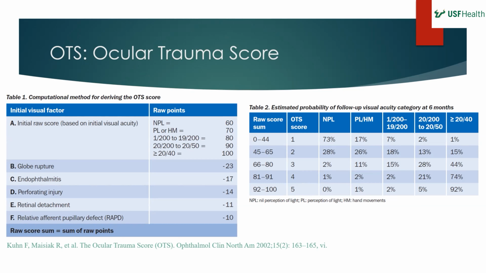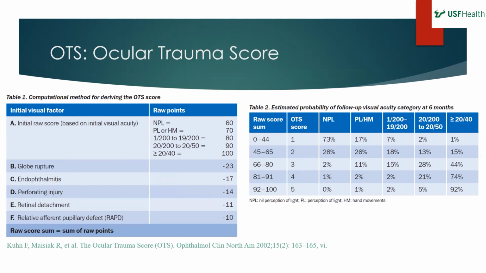Maybe the family members might have enough perspective to ask these questions, and you can calculate what the chances are of them getting 20/40 vision, depending on their presenting vision and all of this list. So it's nice to be able to consult, but I don't use it often.